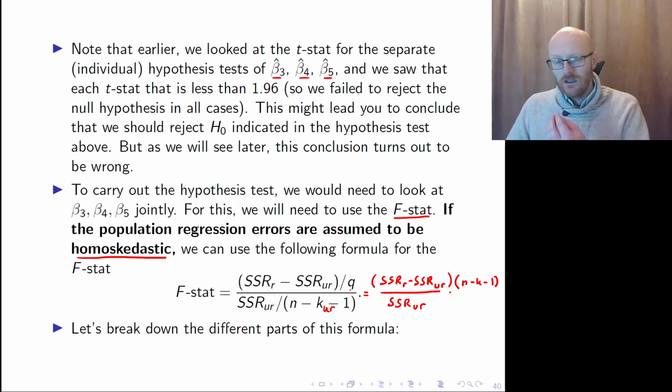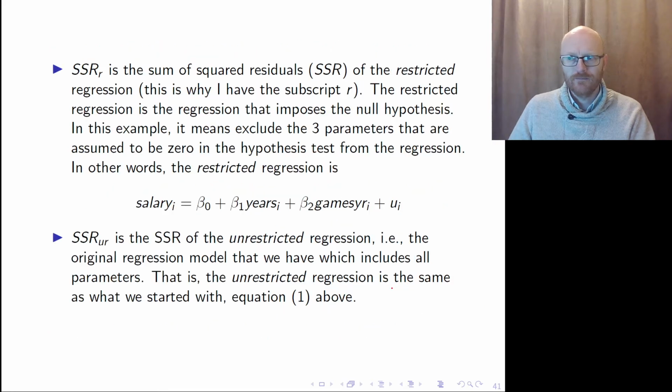You just multiply this first expression with n minus k minus 1, and then you have q here. So you can split this up into two parts. Let's look at each and every one of these parts.